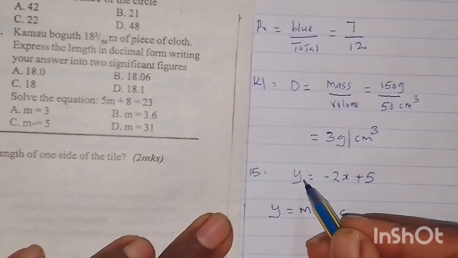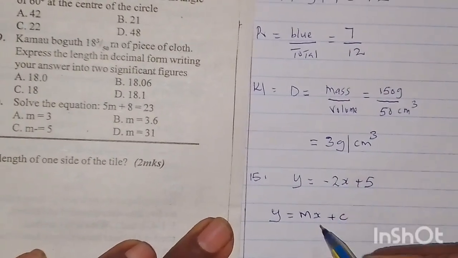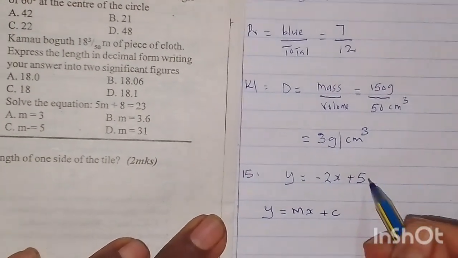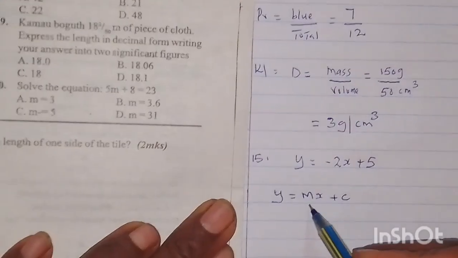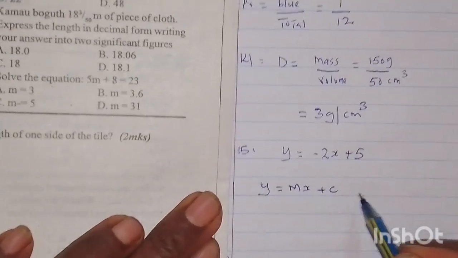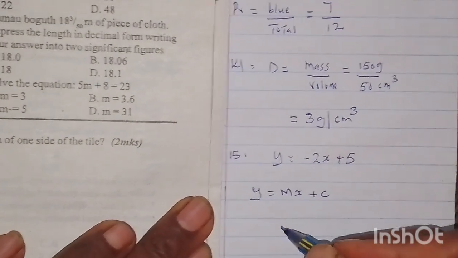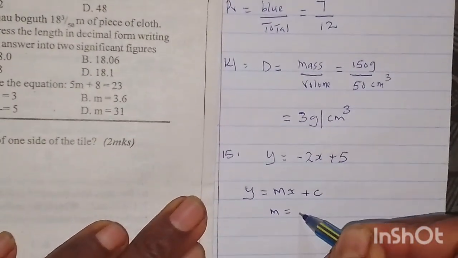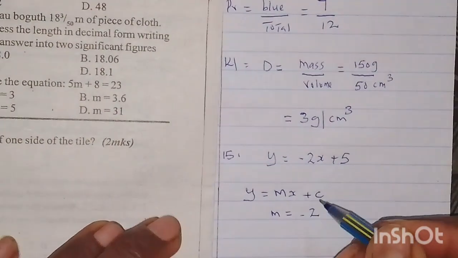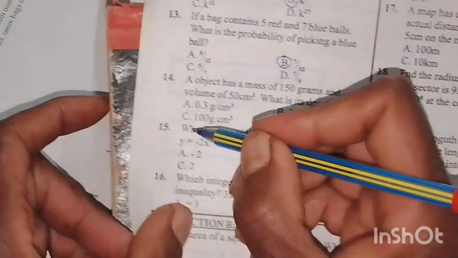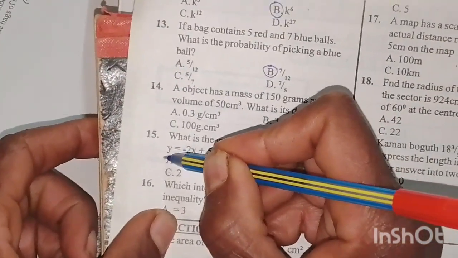Notice this is y, this is m, minus 2, this is x, c is 5. Now, m is the gradient and c is the y-intercept. Now, the gradient, m, is equal to minus 2, because m is the gradient. A, they're saying minus 2, and the answer is A. Circling A as the correct answer, minus 2.